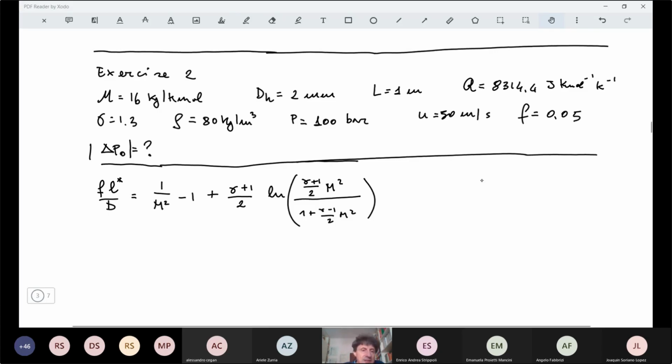So here the D is the hydraulic diameter. We have seen this, we have commented shortly when we introduced the momentum equation and the friction factor. And yes, this is the critical length. So it's the length where the flow will choke for a given inlet Mach number.